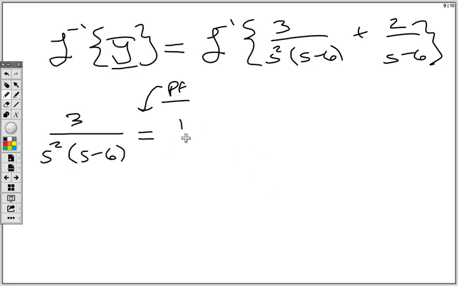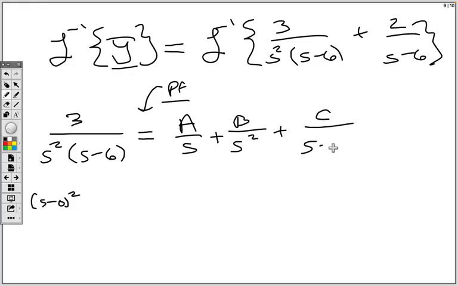So we'd have some constant over s plus, and because s squared is a repeated linear factor, right? Technically this is an s minus 0 squared. I just need a constant over s squared there, and then a constant over s minus 6.